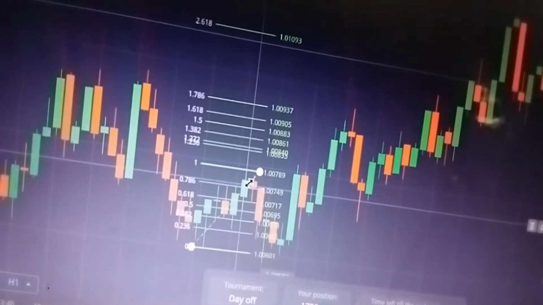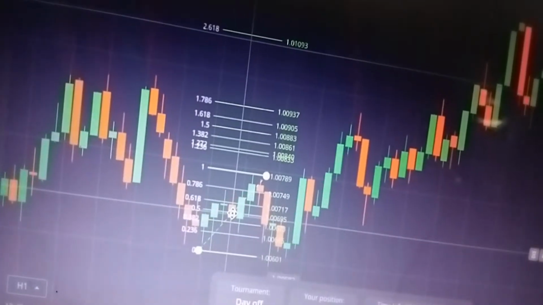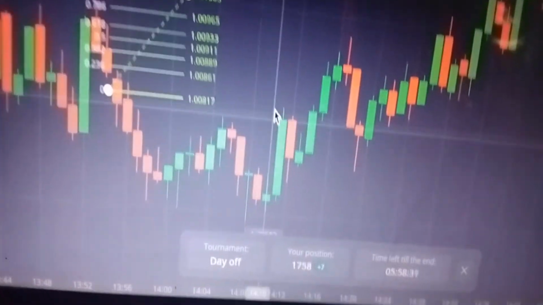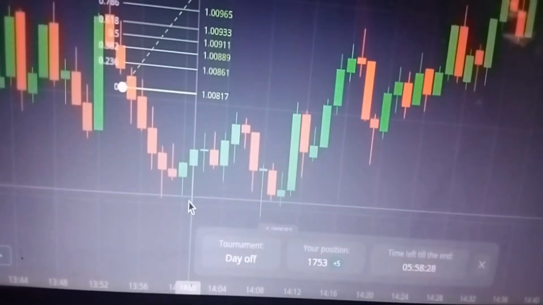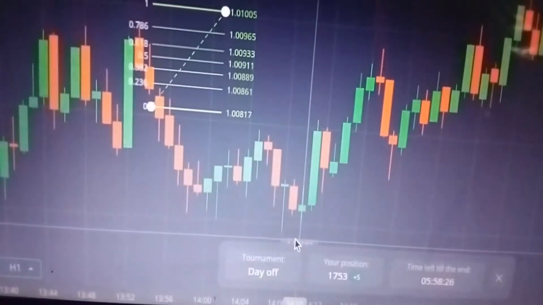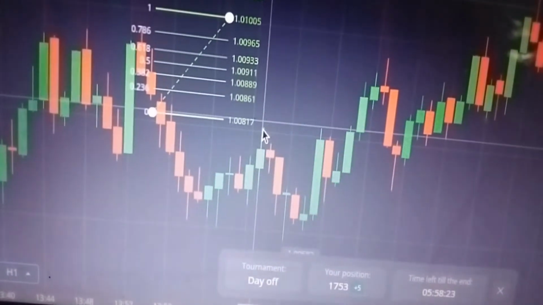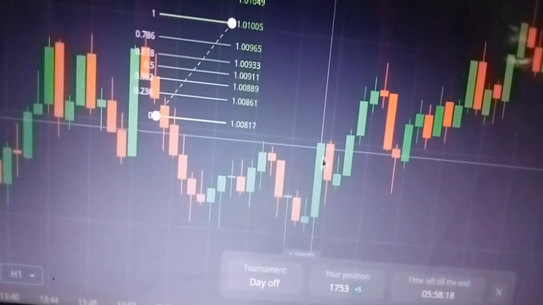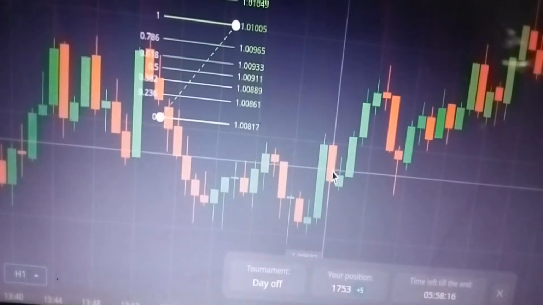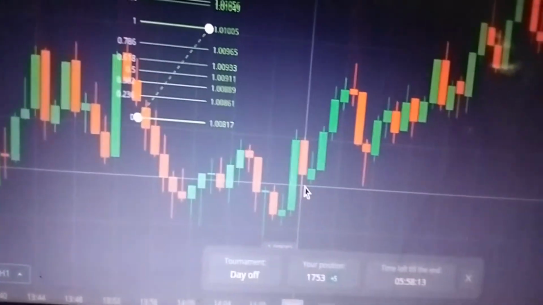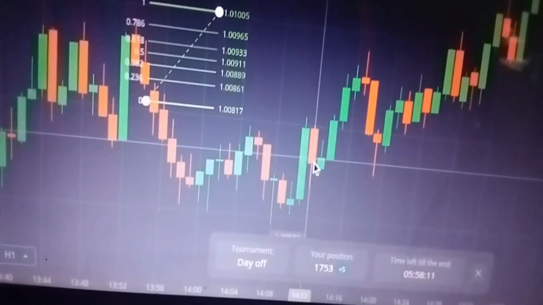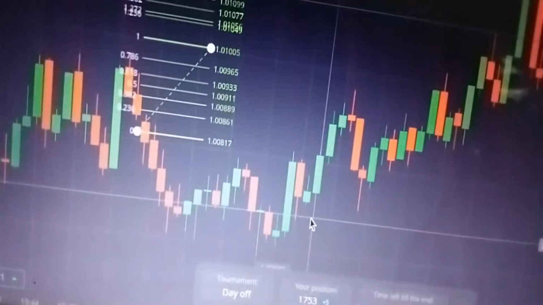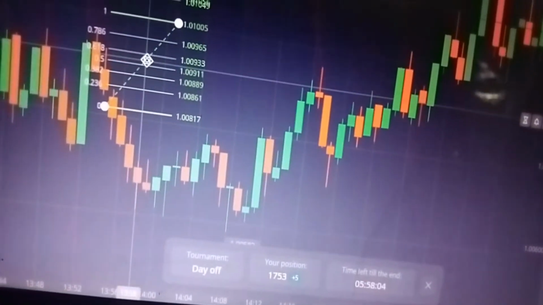So what do we do? Now this significant low is broken. Which means we have this high to this low. And once the price pumps and respects this optimal trade entry, then we should be going lower. But price said, nah, I'm not doing that.